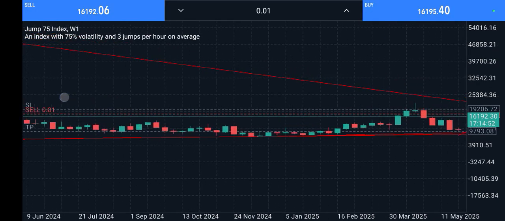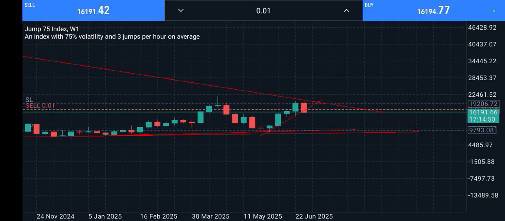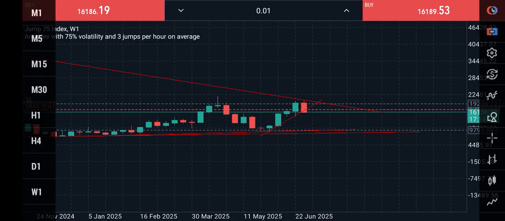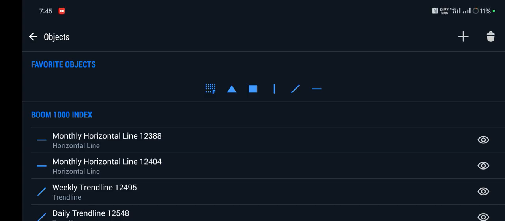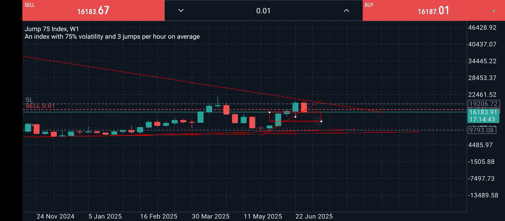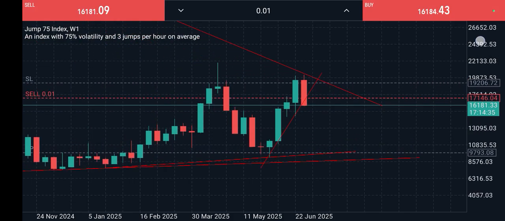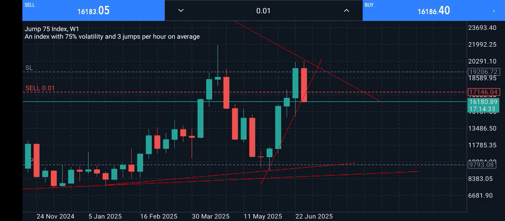This one is not from the monthly actually. This is from the lower time frame. So we have something like that, and we come this way. Okay, there's nothing to draw from the weekly. Oh, sorry, this particular line was drawn from the weekly.